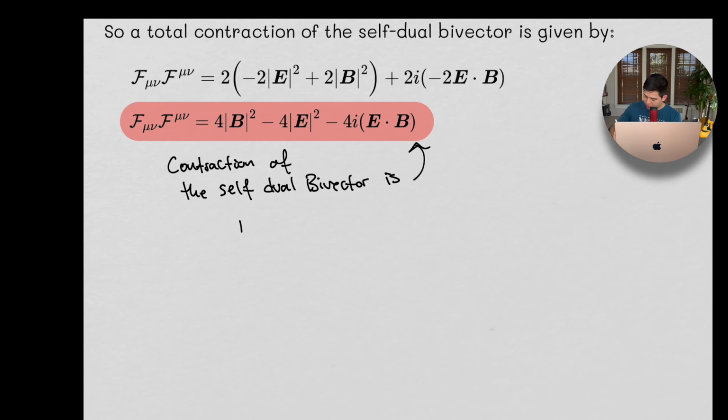This is invariant. This is an invariant object that doesn't depend on how you rotate your spacetime. Invariant under Lorentz transformation. So I'll say under, and I won't put this in quotes. It's invariant under Lorentz transformations.